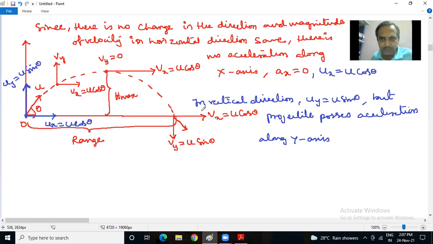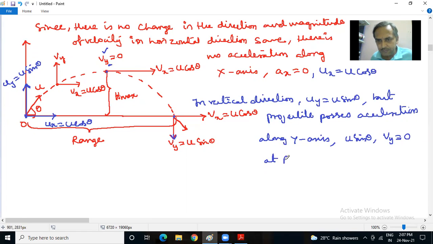Initial velocity is u sin theta. When it reaches maximum height, Vy will become 0. Again, when it comes to the ground after covering range, Vy is equal to u sin theta.